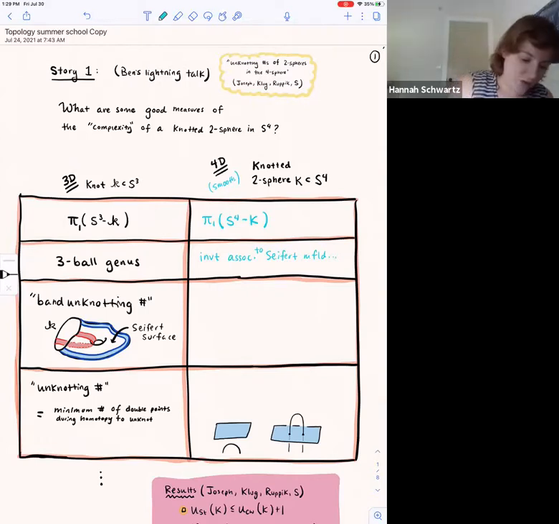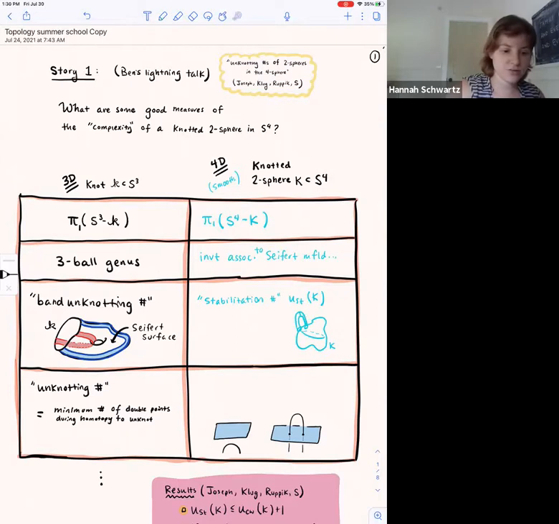Okay, so the 4D analogy of this band unknotting number is sometimes called the stabilization number, and it's written like a U for unknotting number, and then ST for stabilization, of the 2-sphere K. This essentially means I have my knotted 2-sphere K, and it's the minimum number of little tubes like this that I can attach to K. Here I don't have much space to draw anything too exciting, but the tubes may wrap around K, and the fundamental group of the complement might be interesting.